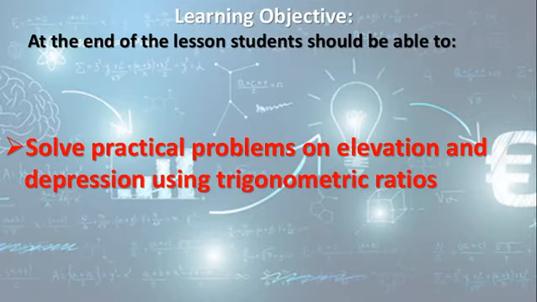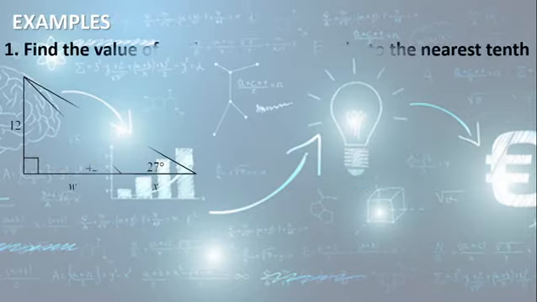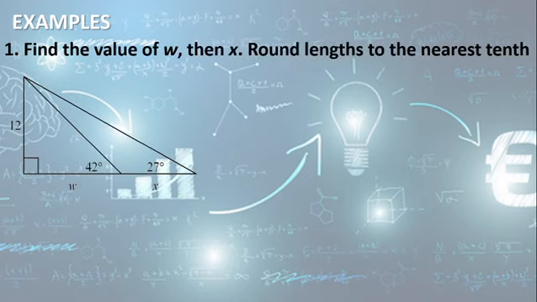We're going to solve examples, and here comes example 1. Okay, let me just read. Find the value of w, then x, and round the answer to the nearest tenth. Now this diagram you see on your screen could actually be something you drew from a question on angle of elevation.